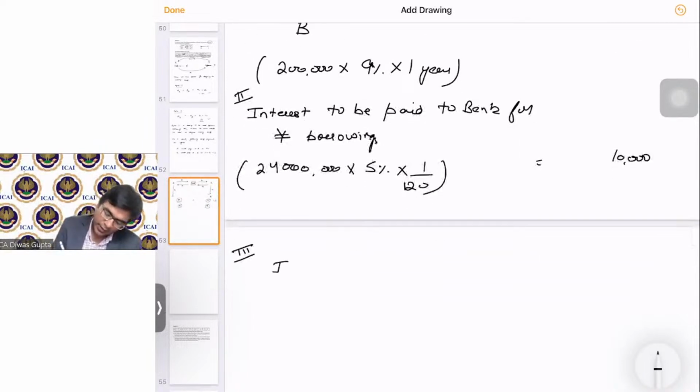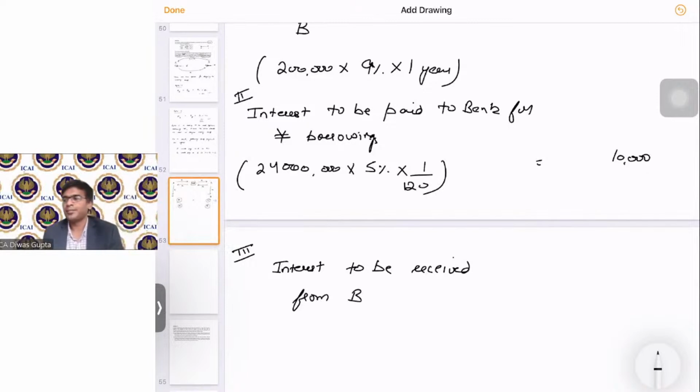So this is interest to be received from B. So this is 2 lakh USDs, right?